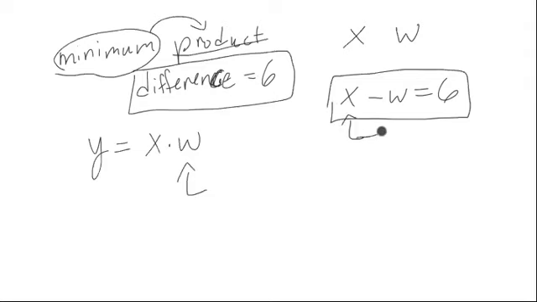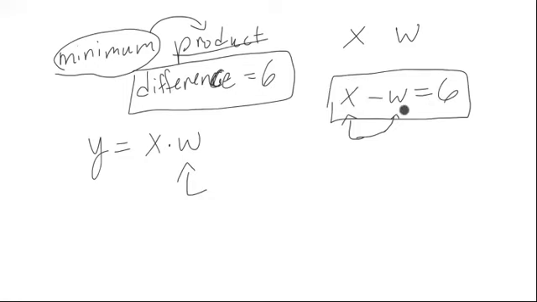This is fine. That just means that x is going to be the larger number, but then w will just be the smaller number. And that's okay. It would work equally as well if we swap these, but let's just take a look at one case. So x minus w is equal to 6.